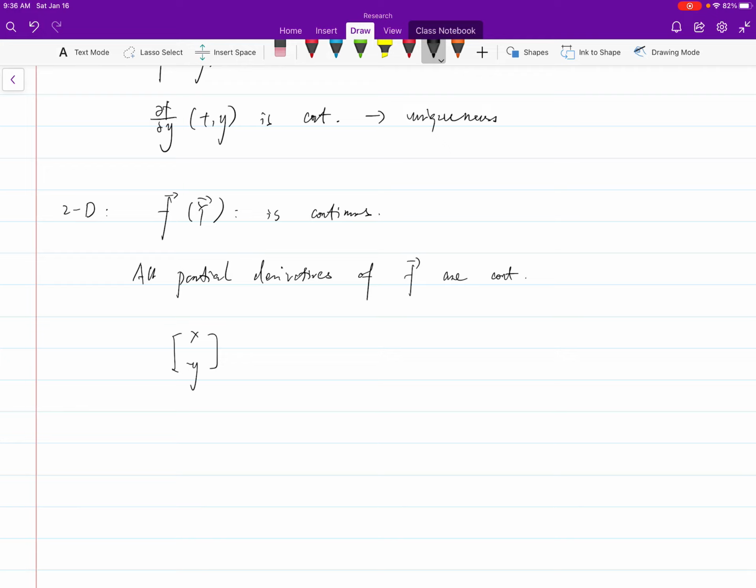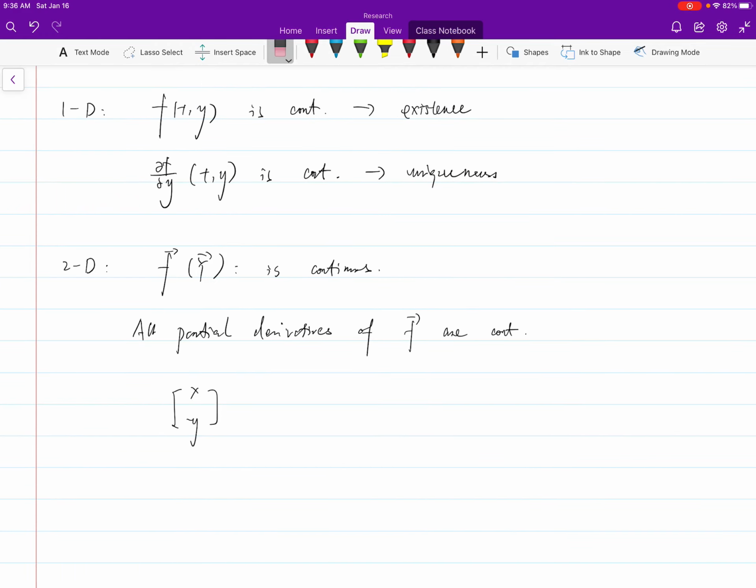So you basically just require all the functions with respect to all the variables, including t. If you take the partial derivative, it is going to be continuous in order to make sure that the solution exists and is unique.